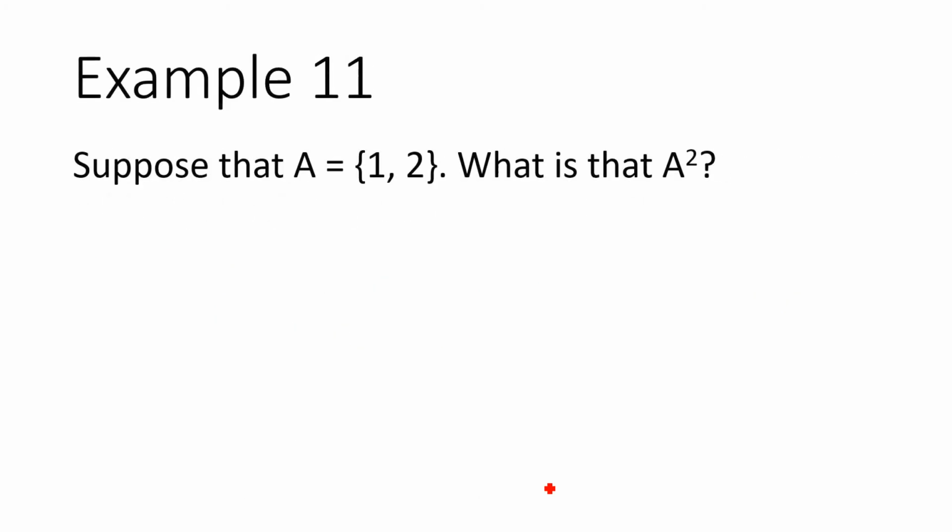Suppose that the set A is equal to {1, 2}. What is A squared? In this case, A squared contains the ordered pairs (1, 1), (1, 2), (2, 1), (2, 2). So that's our A squared.